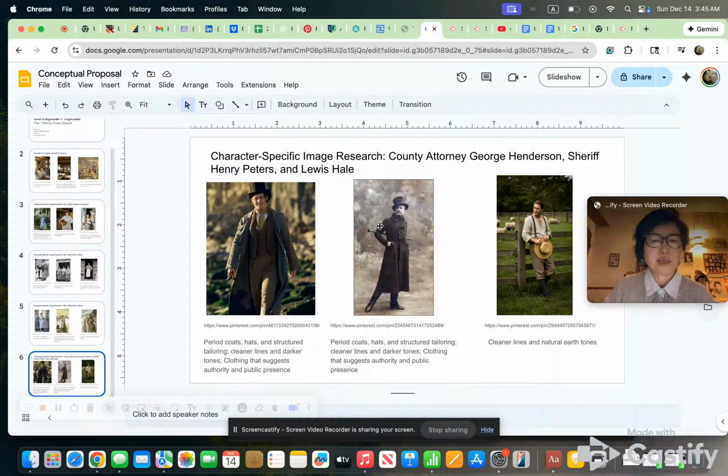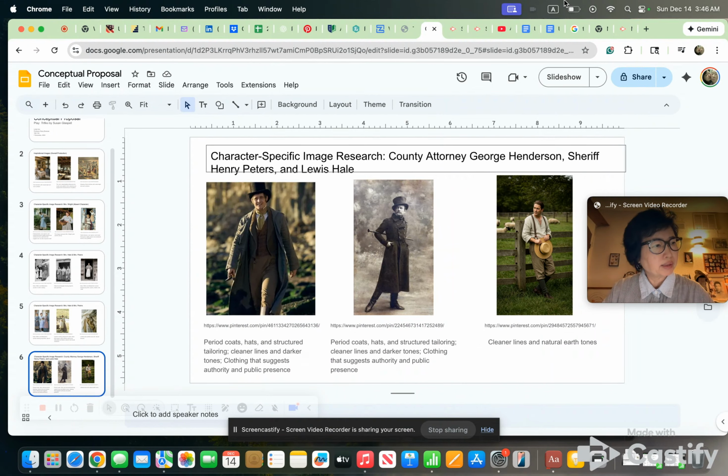Next, moving on to the men in the play. The men are the attorney, Mr. George Henderson, and the sheriff, Mr. Henry Peters.